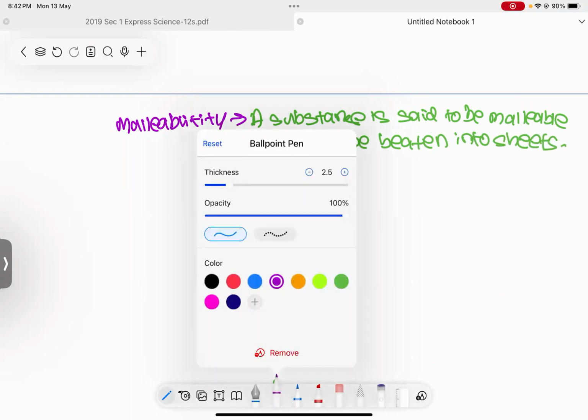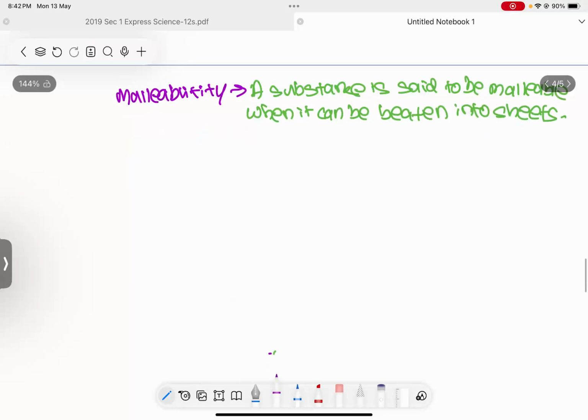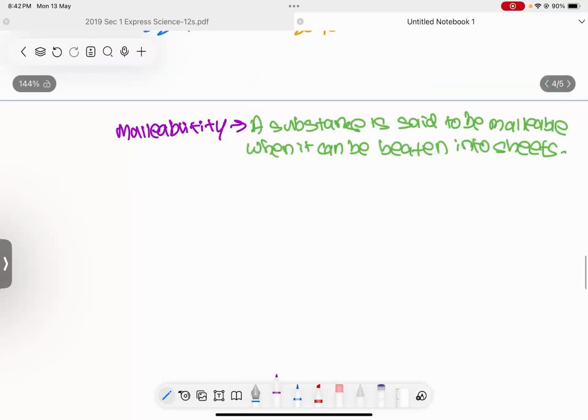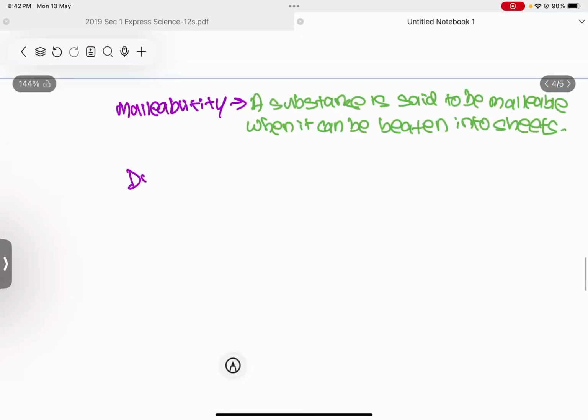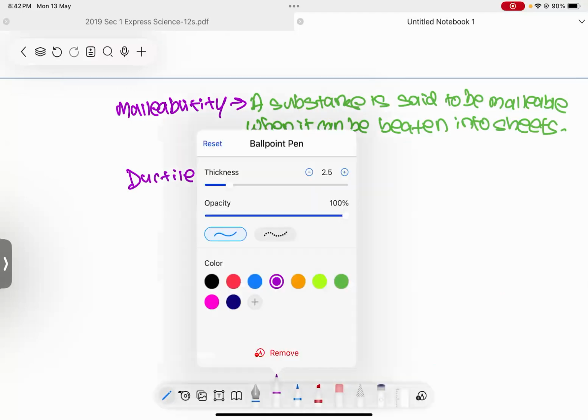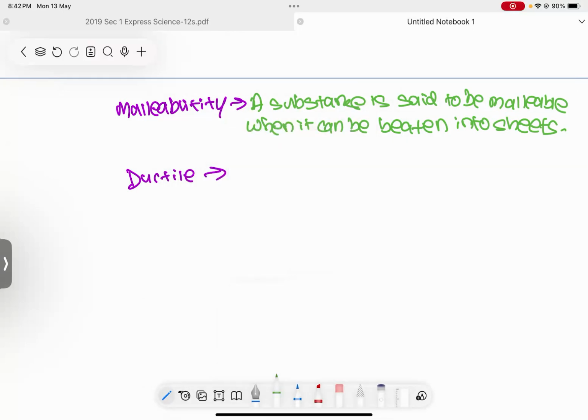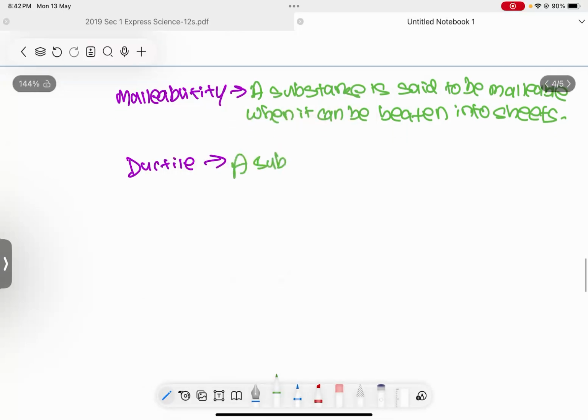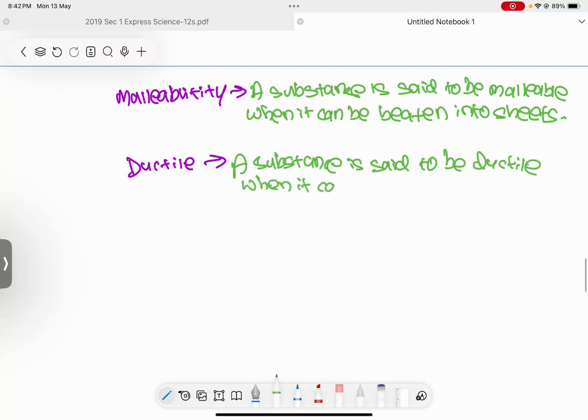Okay. Next, ductile. A substance is said to be ductile when it can be drawn into wires.